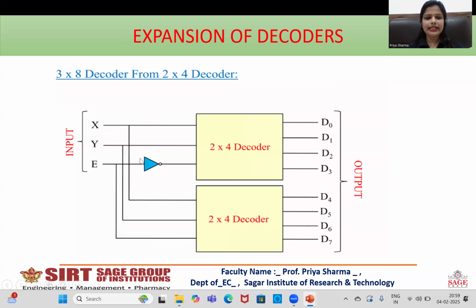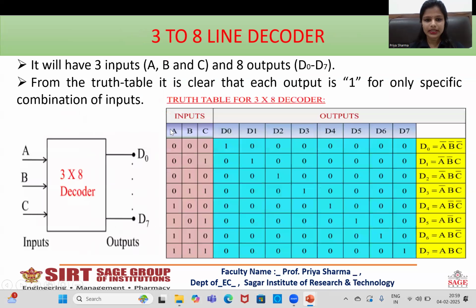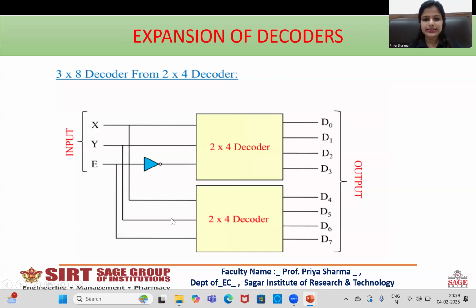Here one enable input is given. If you look at the truth table, the first decoder will be active when the enable input is 0, and for the other outputs the enable will be set to high. X and Y are the common inputs.